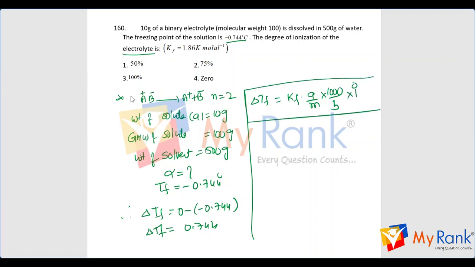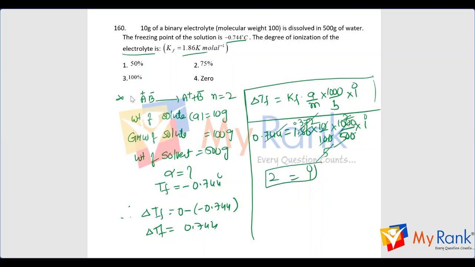Substituting the delta TF value 0.744, Kf, the molal depression constant, is 1.86, A by M is 10 divided by 100 into 1000 divided by 500, into the van't Hoff factor i that we have to calculate. Simplifying, i is equal to 2.